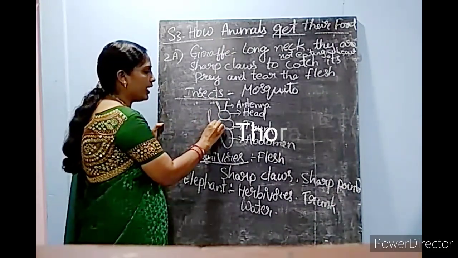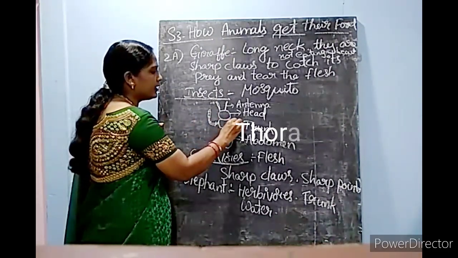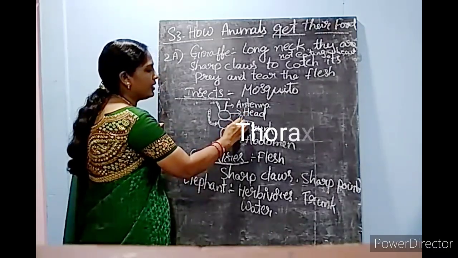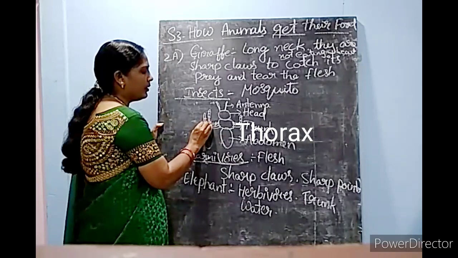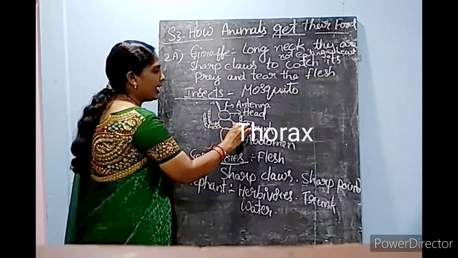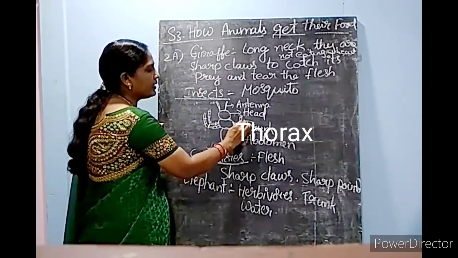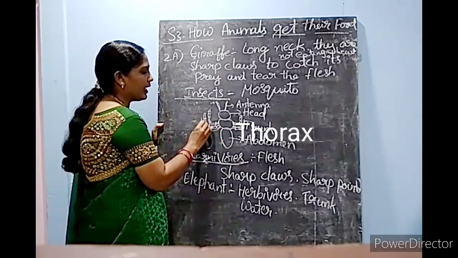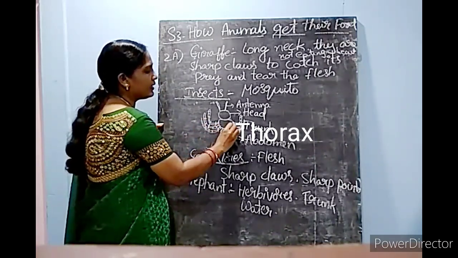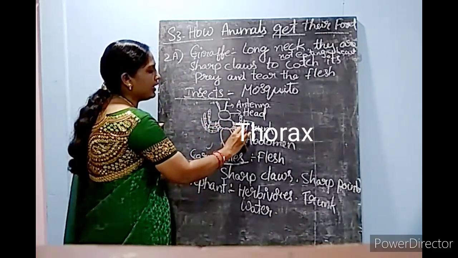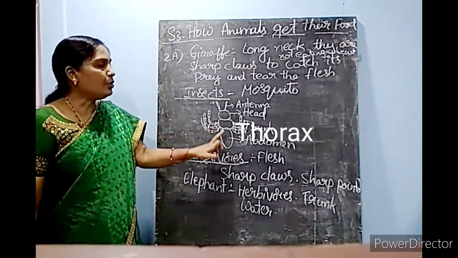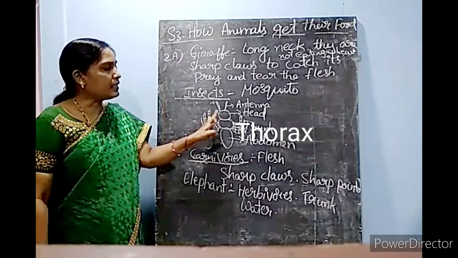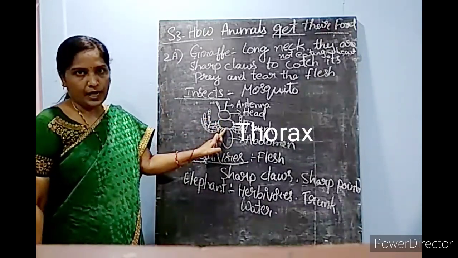All insects have how many legs? 6 legs they have. We say these are jointed legs, because they have jointed parts in the legs. So they have 6 legs. These 6 legs are attached to the thorax, not to the abdomen.